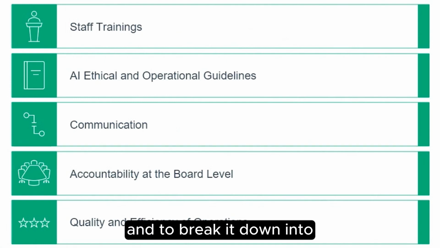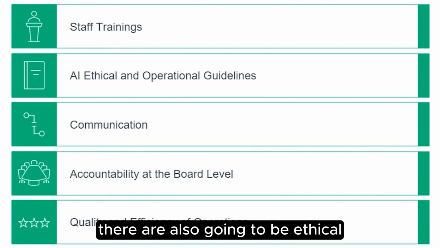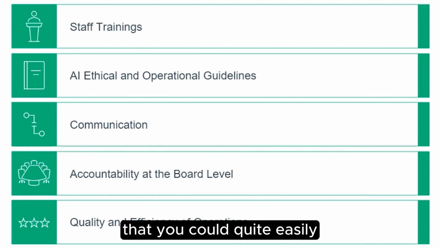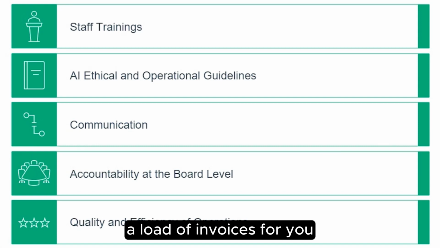And to break it down into some action points from here, you're going to have to allocate time in terms of training. There are also going to be ethical and operational guidelines. Let's take ChatGPT for an example. You could quite easily, from today's webinar, AI in accounting, what does the future hold, have the AI go through a load of invoices for you.